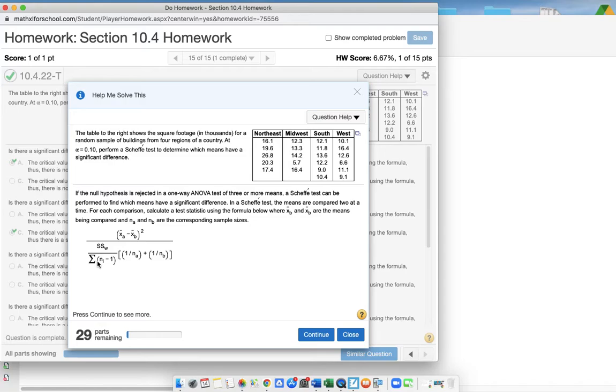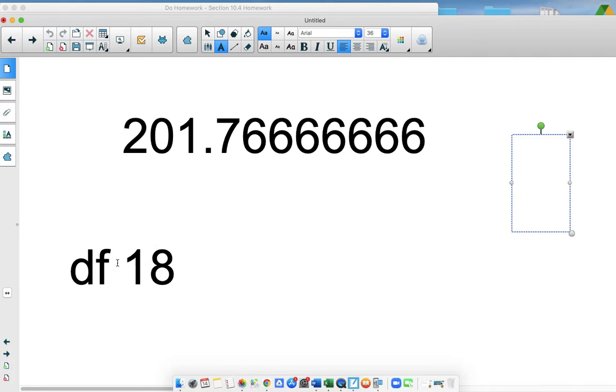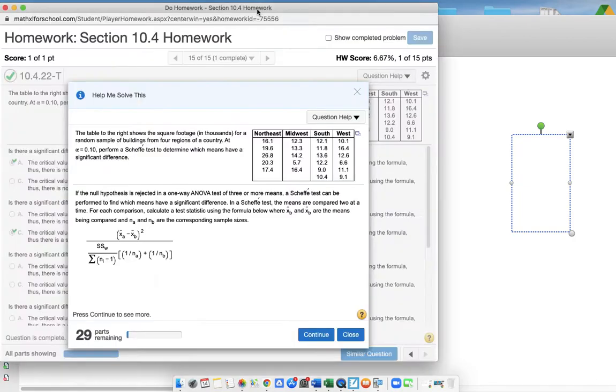The book does this number differently than the online. For the book, if you want to get the answers right in the assignment, you're going to use the degrees of freedom that showed up with your ANOVA test, so 18. So it's really the degrees of freedom of the denominator. However, if you want to get the online problems right, I'll show you what you put here.